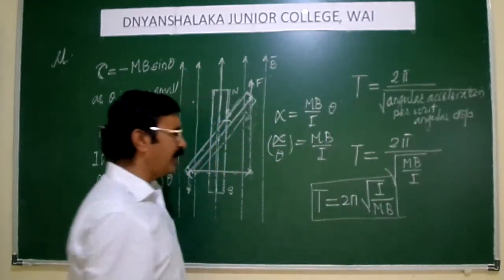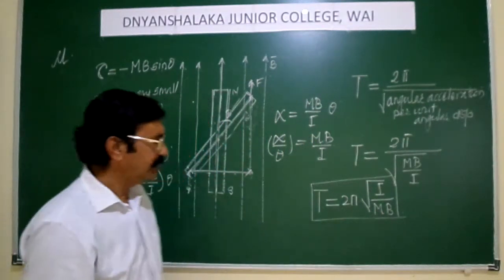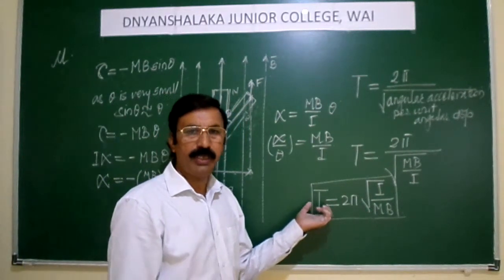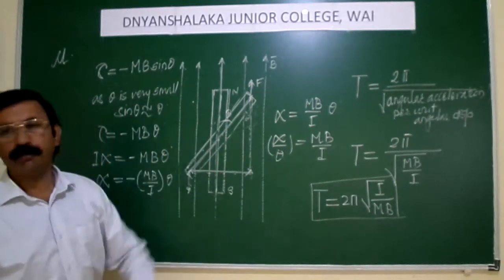So knowing the moment of inertia of bar magnet, magnetic dipole moment and the magnetic induction, we are able to find out the period of oscillating bar magnet in external magnetic field.